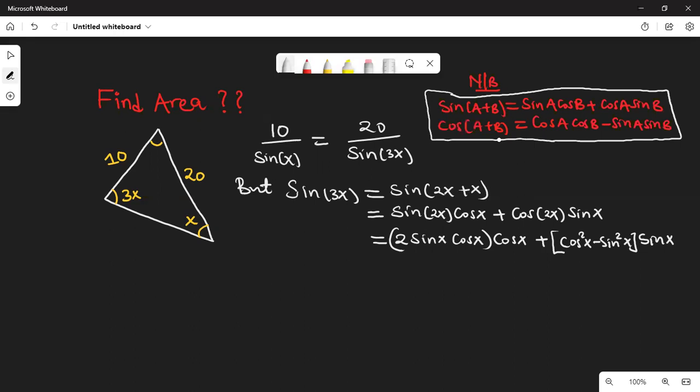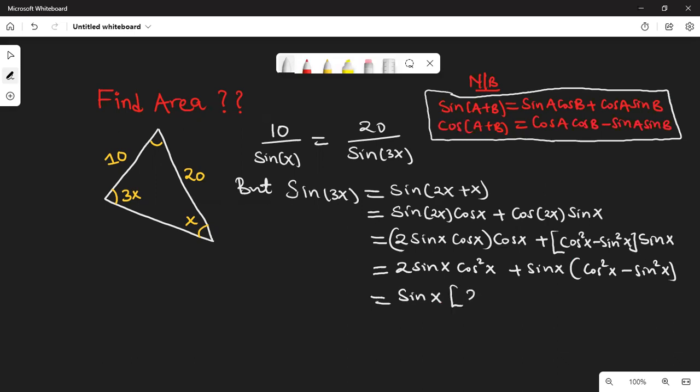So going back to this expression, now you see in the first term we'll have 2 sine x times cosine squared x. Then the other term, there's a plus sine x outside, we have cosine squared x minus sine squared x. And you see sine x is common. So this I can write as sine x outside.